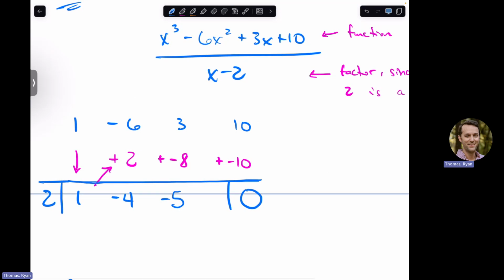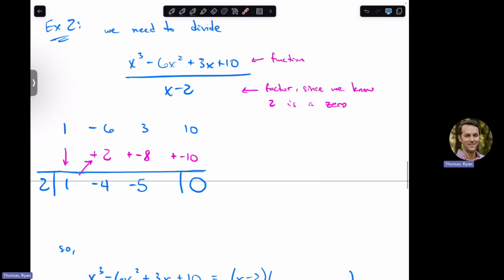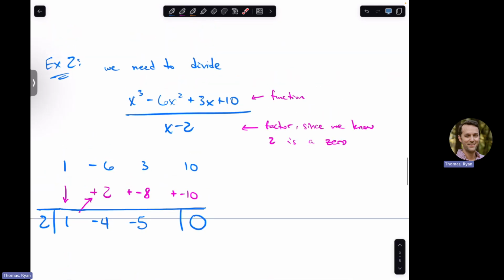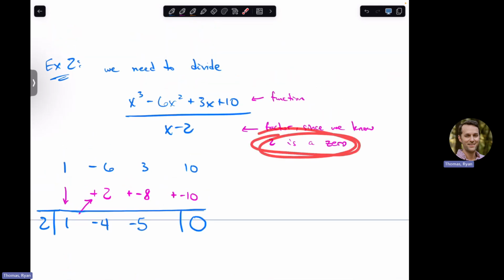First of all, here's a built-in little check. Okay, stop. What does the fact that this is 0 tell us? That there's no remainder. Hey, did we already know that going in? We started with a 0, which means we know a factor. Being a factor means that you go in evenly, right? Like 4 is a factor of 8. 3 is not a factor of 8 because it doesn't divide in, right? If this is a factor, it has to divide in evenly.